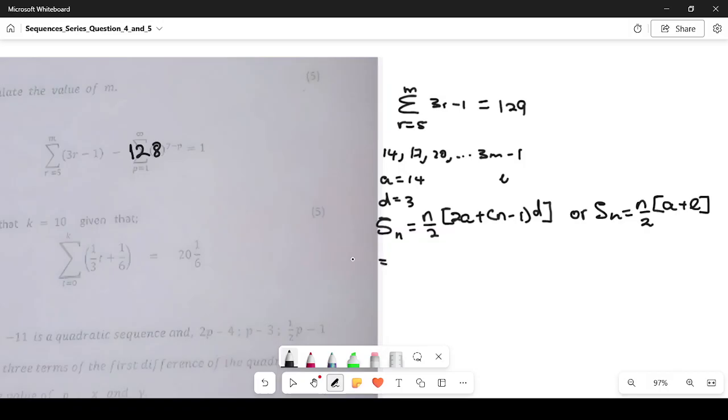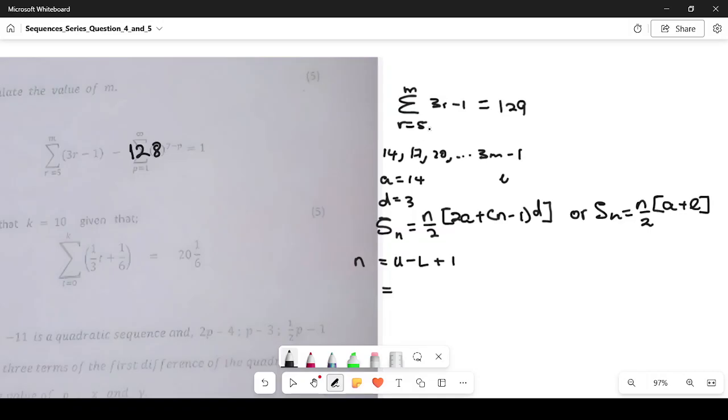Another thing that I'm missing: we don't know what our n is. We do have our a and our d, and our only unknown is n. The n is not the value in our sigma, it's not the upper value. Our total number of terms, which is n, is given by the upper bound minus the lower bound plus 1.